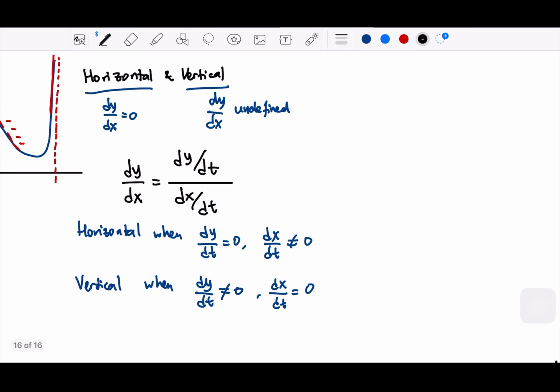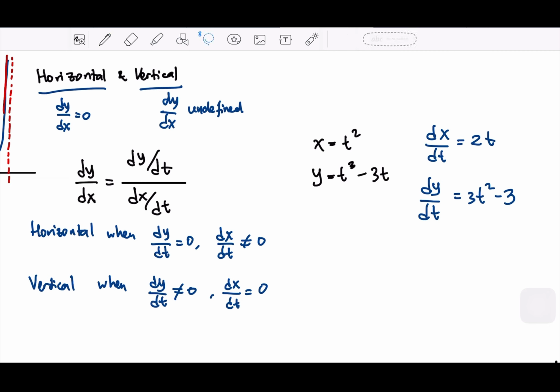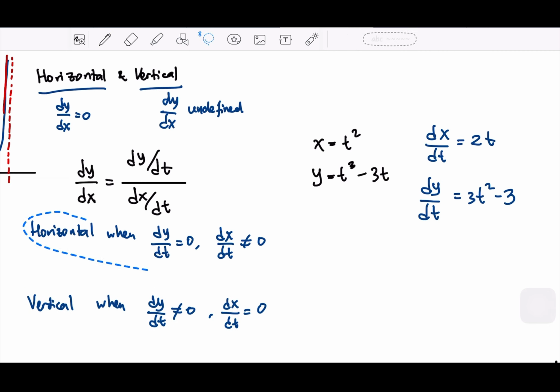Let me write the equations from the question. x is t squared, y is t cubed minus 3t. Then we can write each derivative: dx/dt is 2t, and dy/dt is 3t squared minus 3. I will take some space here to make sure it's clear.